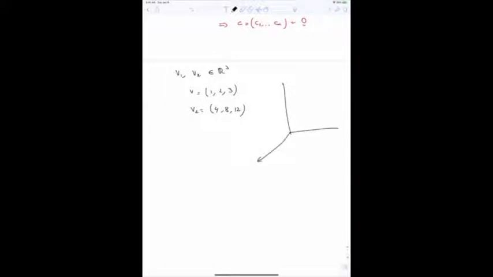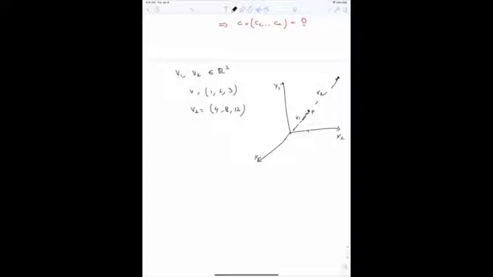It's hard to represent, but let's say this is x1, x2, and x3. So (1, 2, 3) would be approximately here, assuming that this is a 3D projection, and v2 would be approximately here. It's not really on scale, and it's hard to plot, but here we have our vectors v1 and v2.